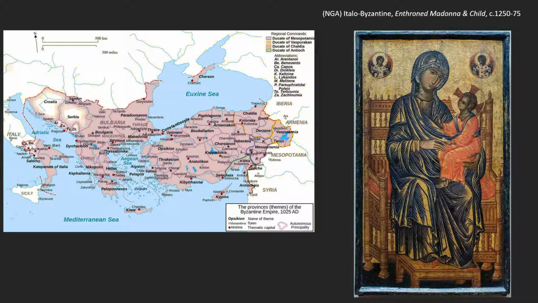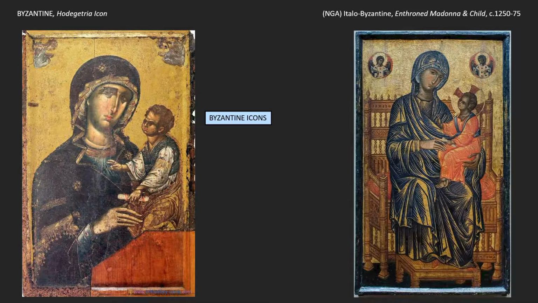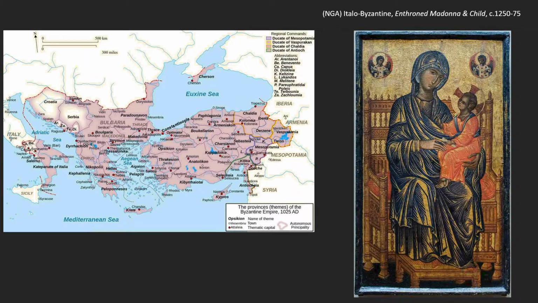This is how those things translate as well. So it's one thing to just simply talk about the gold background, the flatness of the piece, or the gold background and the subject matter that we're choosing. It's another thing then to talk about the sort of stylistic choices that continue well past Italy's independence from the Byzantine Empire. Right? So, again, historical context begins to explain these things for us.